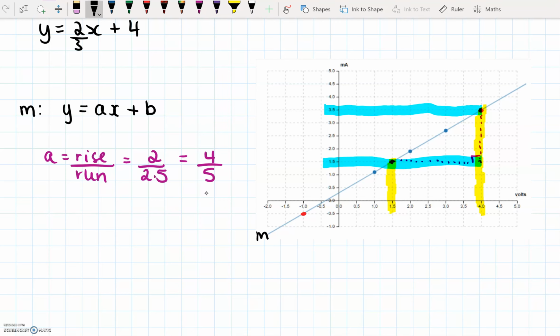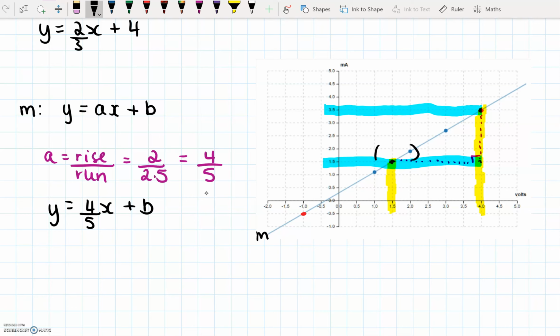So now we have y is equal to 4/5 x plus b. And we don't know b. So we need to think about what we do know. What we do know in this case is that we have these points that we wrote in.